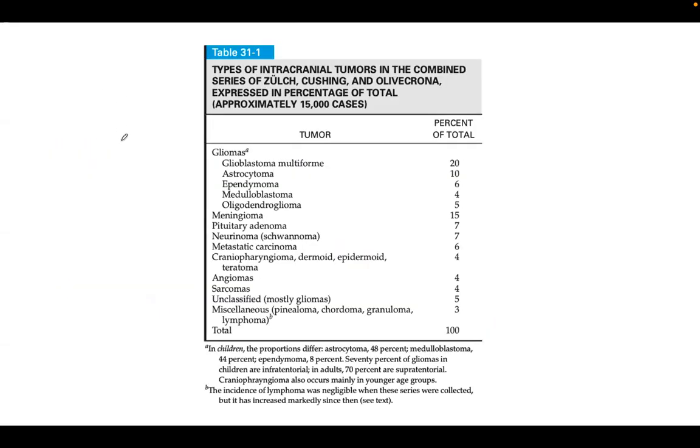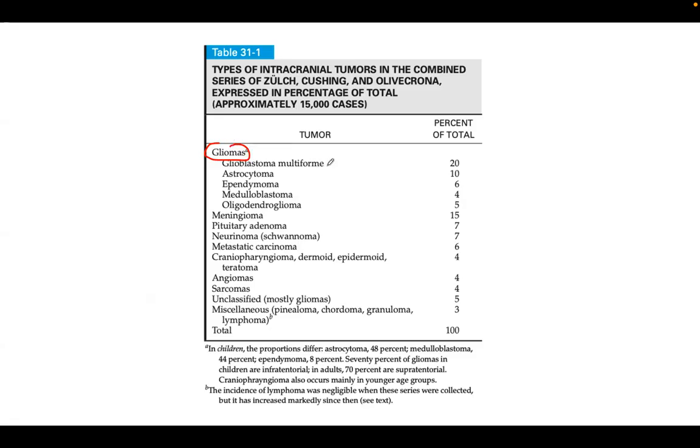Now here's a table, okay, showing you the different types of intracranial tumors. Okay, so this is a study, a very famous study which involved about 15,000 cases. So out of these 15,000 cases, the most common primary intracranial tumor is still the gliomas.